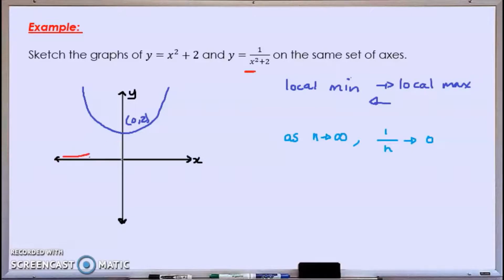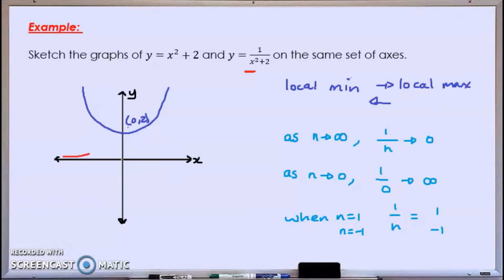Then as it gets smaller, you can see my reciprocal line will get larger because as n approaches 0, 1 over n approaches infinity. We also know that when n equals 1 or n equals negative 1, 1 over n will equal either 1 or negative 1, depending on which one.